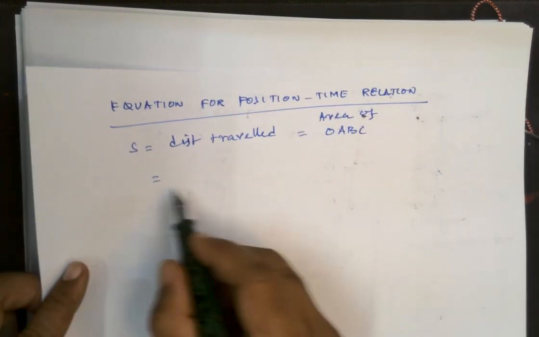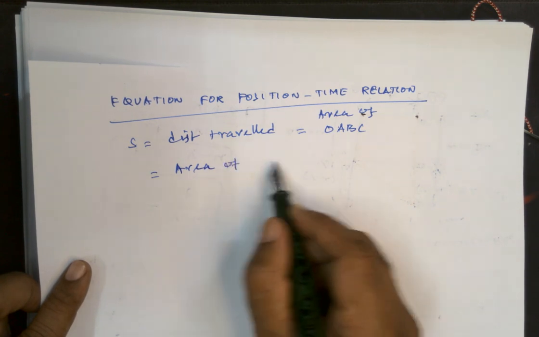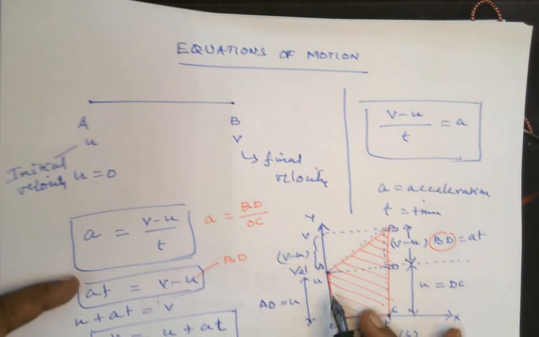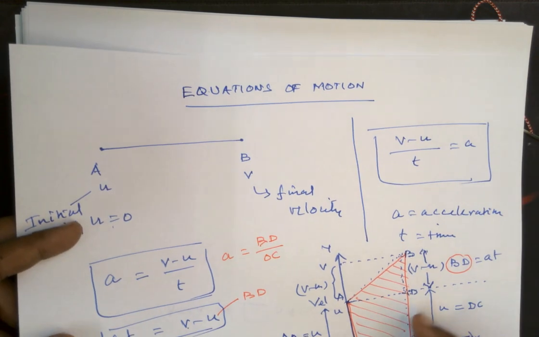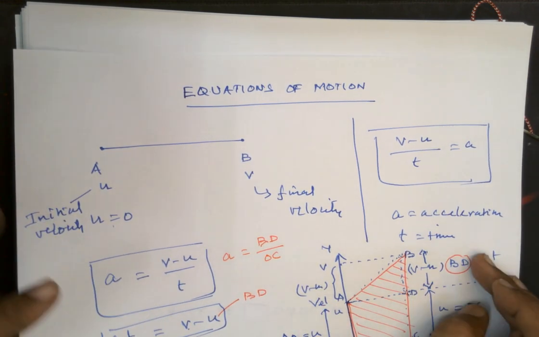So this is nothing but the area of rectangle OADC, plus you have got a triangle. What is this triangle? That is ABD. So you have got a triangle ABD.